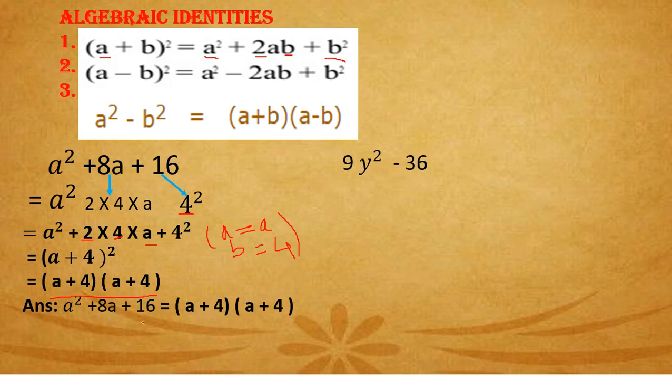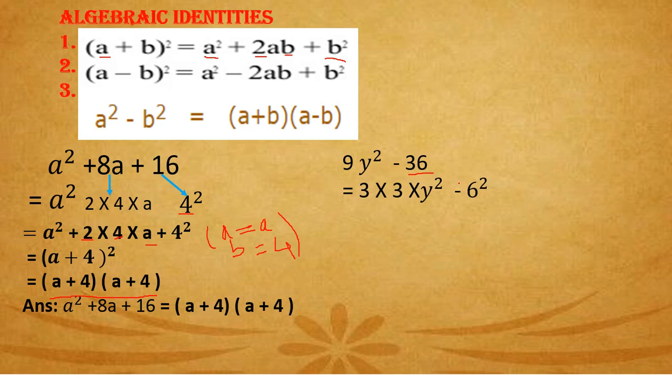Now let us consider one more example, an expression of the form 9y square minus 36. Again, we observe the constant term. Here the constant term is 36. Again it is expressible as the square of a number. How can it be? Yes, 6.